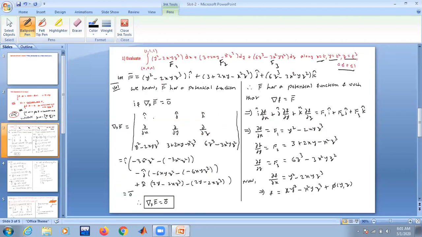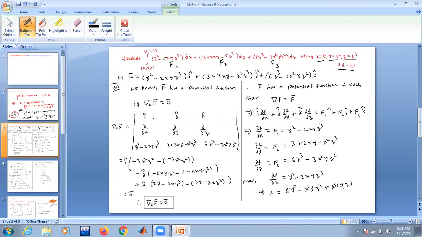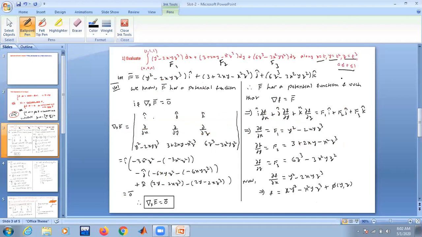So find dr bar by dt, convert everything in terms of t, replacing x with t, y with t square, z with t cube. Find the dot product of f bar and dr bar by dt, and integrate from 0 to 1, because t varies from 0 to 1.